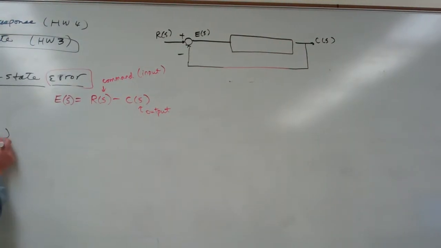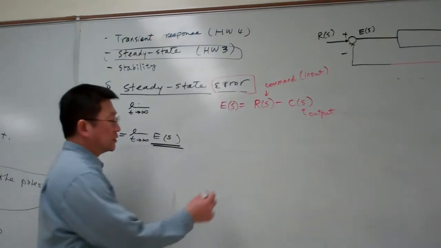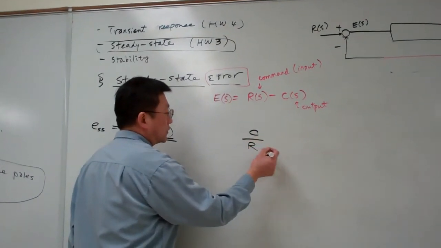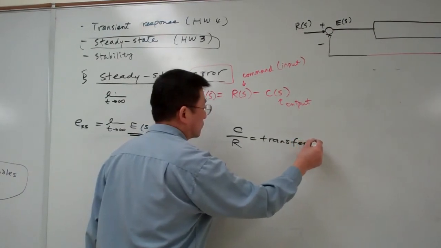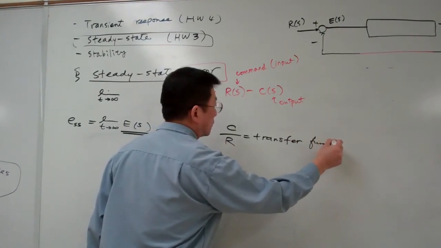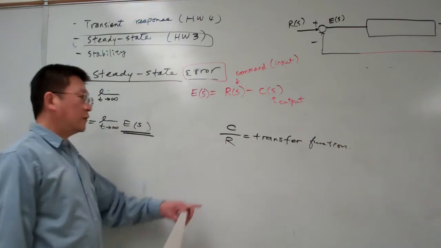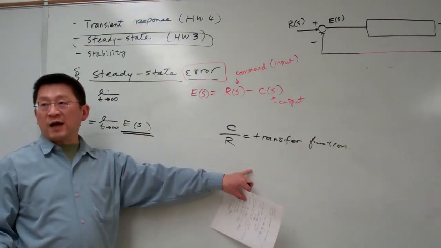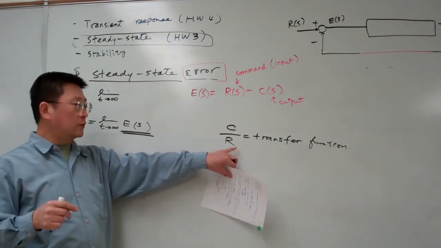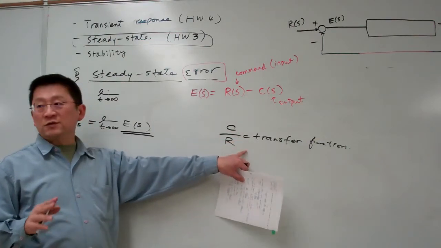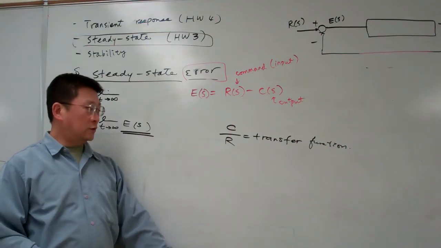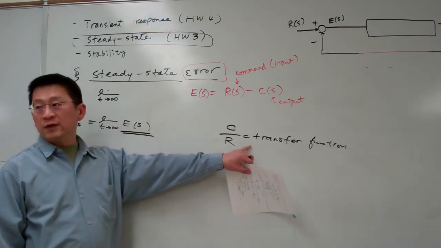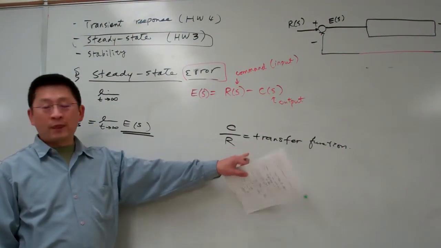From whatever the system is, we can always calculate this. So how to determine it? Basically, C over R is our transfer function. Whatever the configuration of the block diagrams, we should be able to come up with the transfer function by all means. You can look at the configuration, or you can apply Mason's rule, and you can always get it.